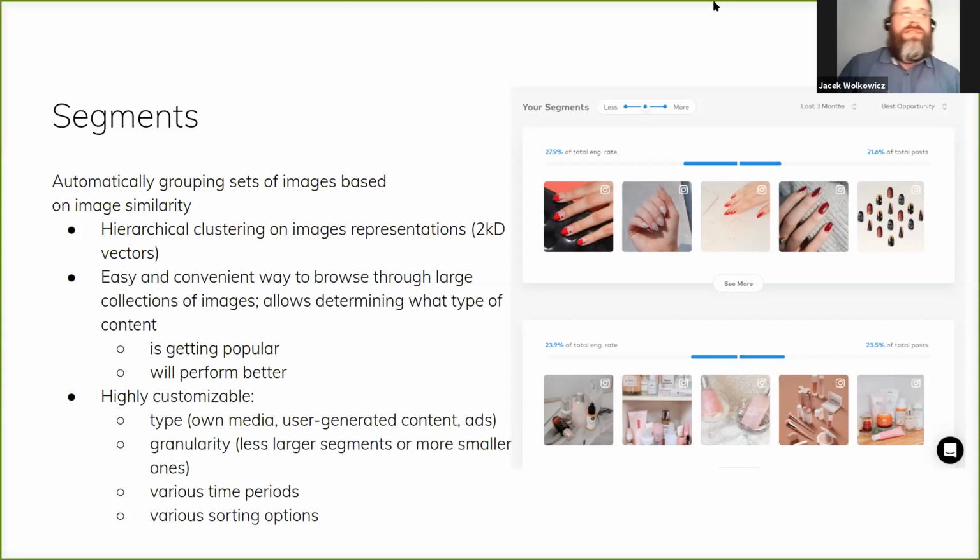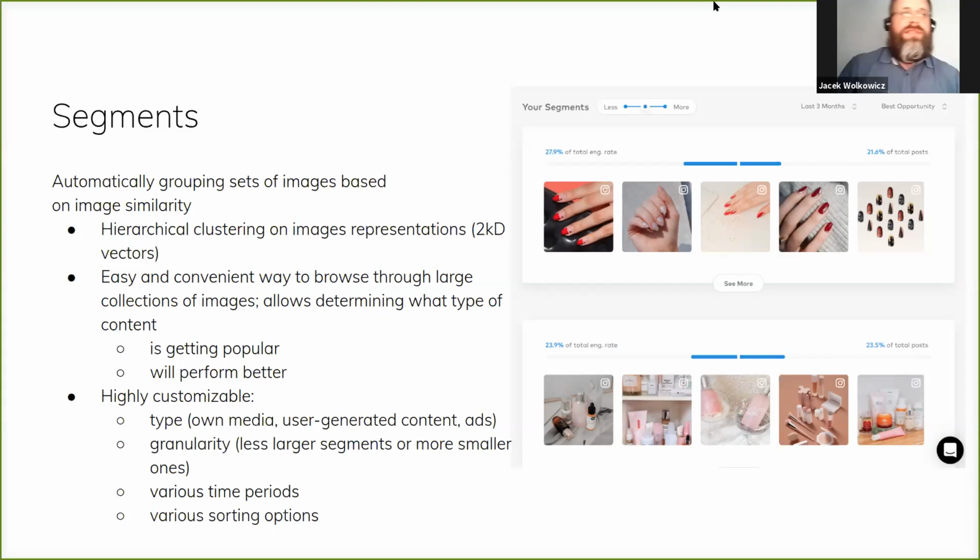We give you segments for your own brand if you want, but you typically know your content, so you don't need that. What's very popular is applying that segmentation to competitive brands, because you may not be the content creator or content manager there. So this allows you to quickly glance at what other brands have as content, how it performs, and what kind of groups they have.